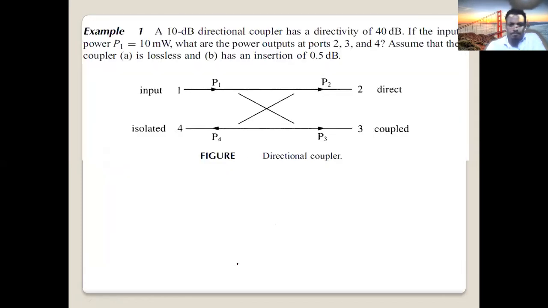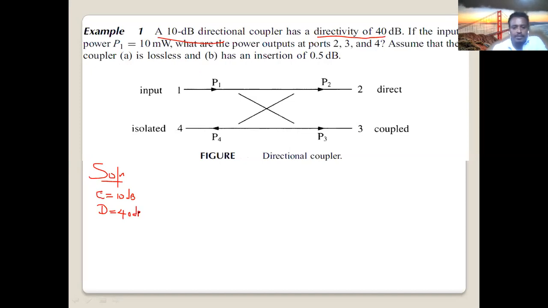So in our first example, this is our solution. What are the givens? The coupling C is given, 10 dB. Directivity D is also given, 40 dB.